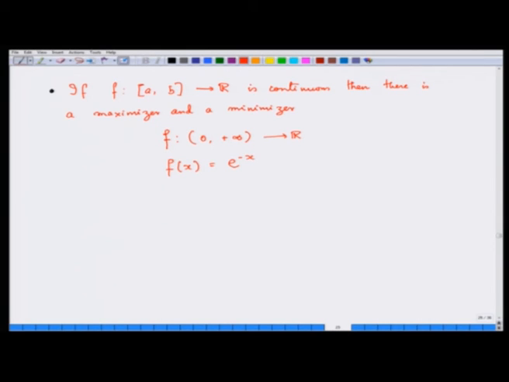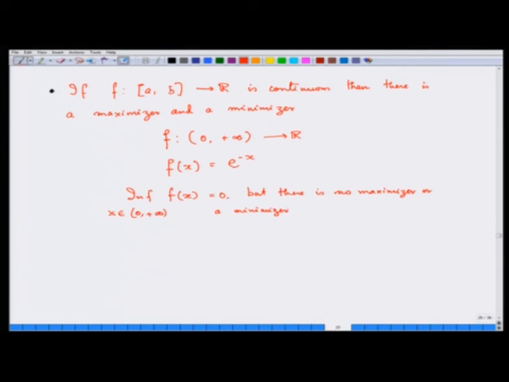This is not a closed and bounded interval. On this open interval, the infimum value is 0, but there is no maximizer or minimizer.